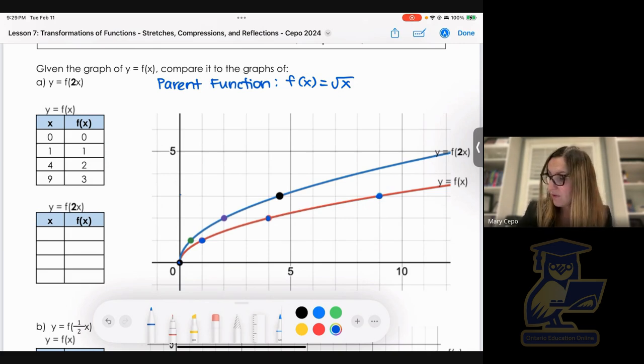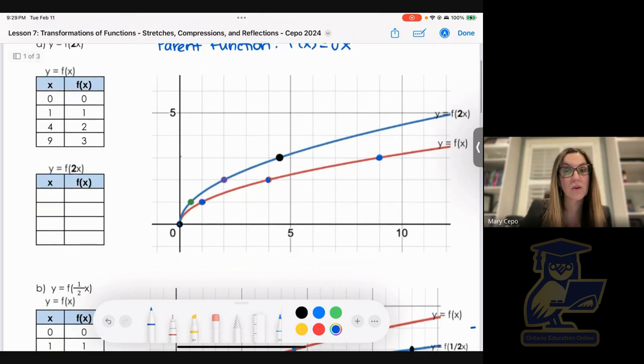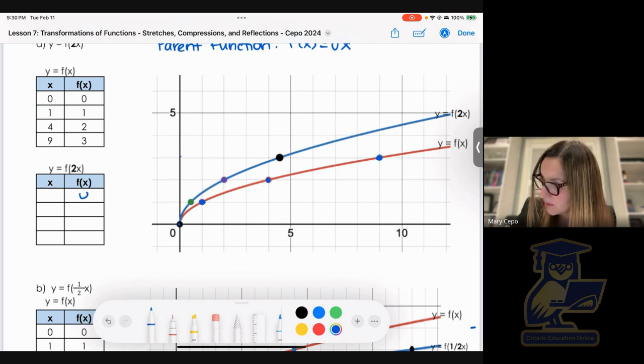Now, if you see here in the graph, we're given the graph of that function. And we want to observe, noticing that all the y values have remained the same: 0, 1, 2, and 3. What are the corresponding x values when those y values are 0, 1, 2, and 3?